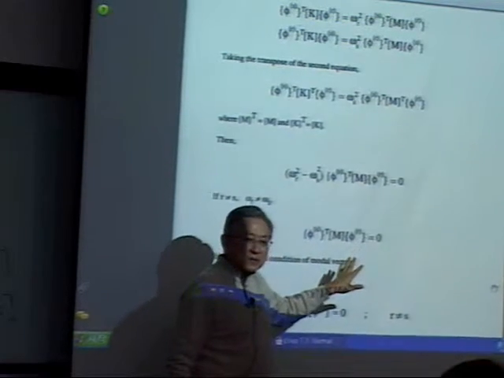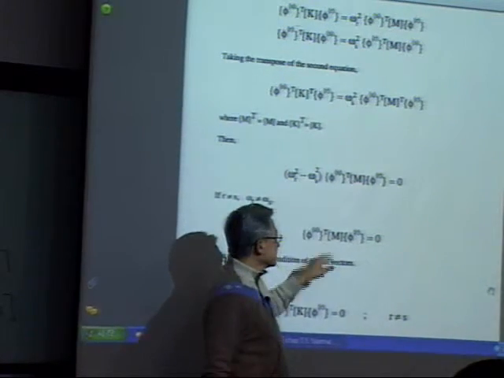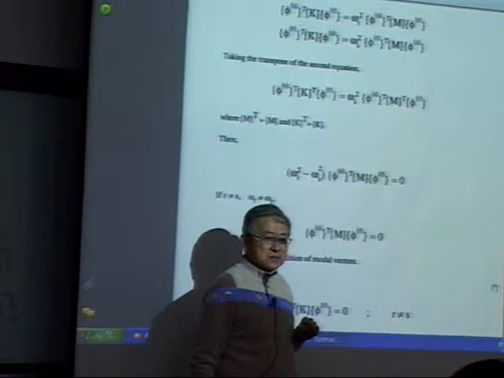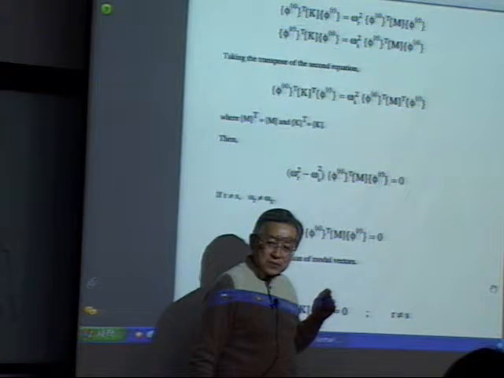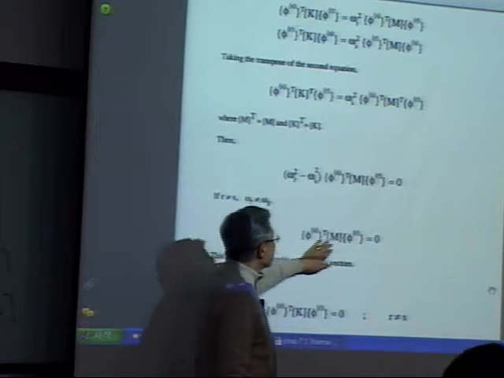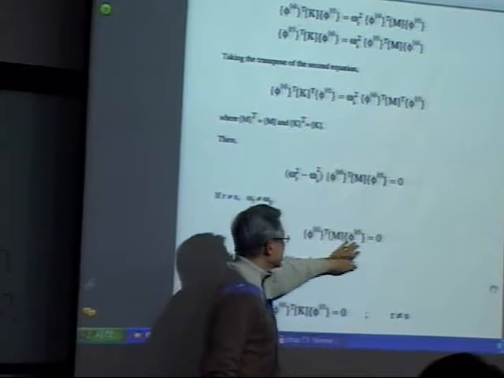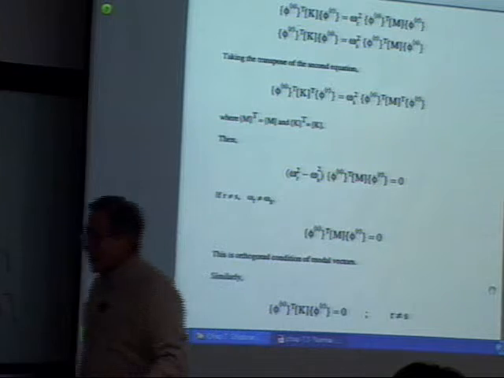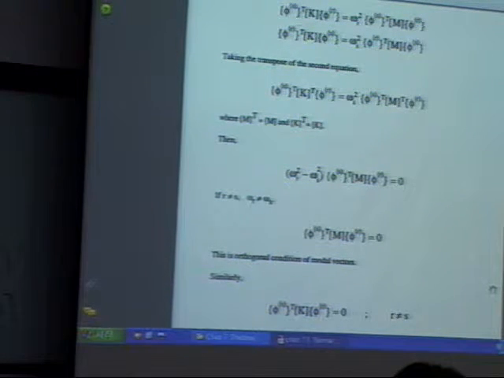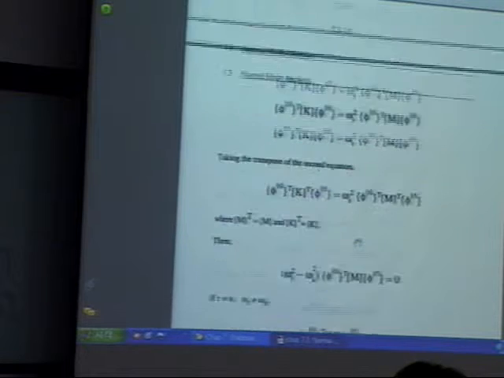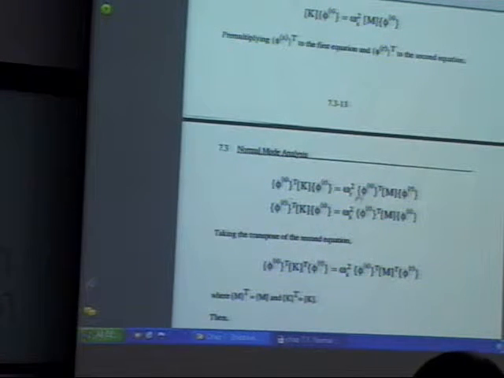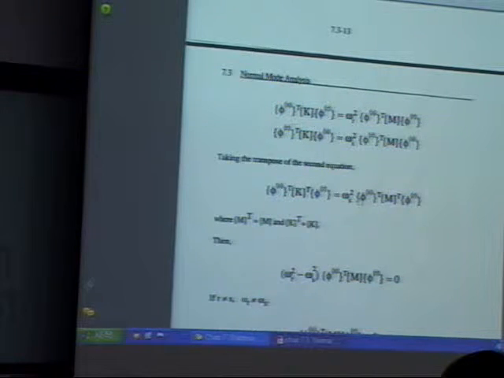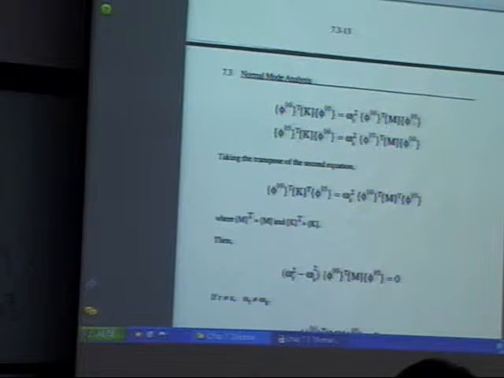So this is equal to 0. This is what the orthogonal property of the eigenvector means, with respect to, in this case, the mass, okay? With respect to the mass. If this guy is equal to 0, that's the orthogonal property of the eigenvector. If that is equal to 0, by looking back over here, let's look at this guy here.